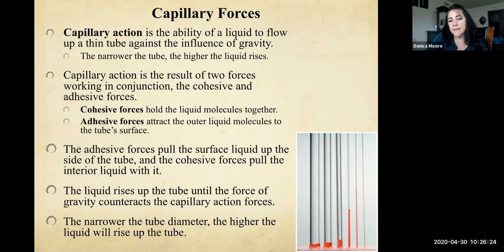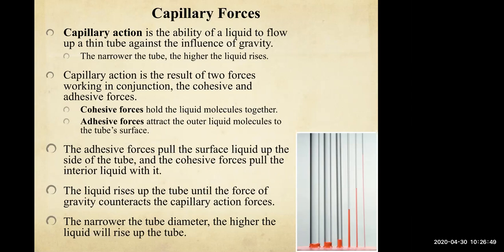Glass tends to have a lot of oxygens, which are very into hydrogen bonding with the hydrogens in the water. So the water molecules are climbing up the side of the container by these attractions to the container, the adhesive attractions. Does that make sense? Yeah, that clarifies it a lot.